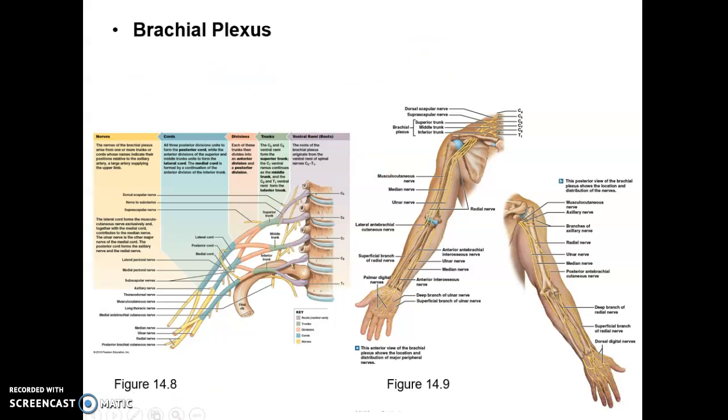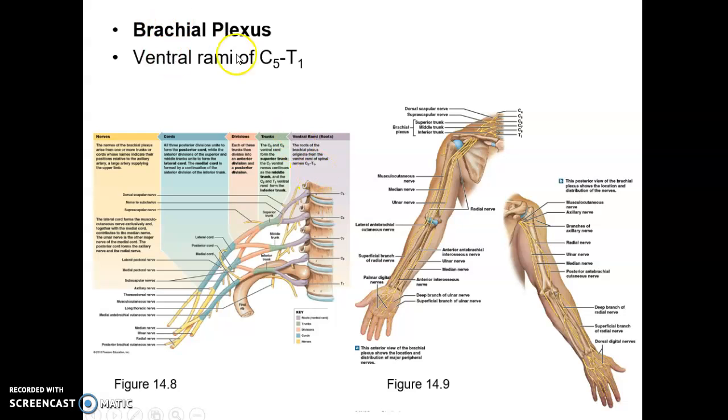Brachial plexus going into the arm, formed by the ventral rami of C5 to T1, those spinal nerves. And notice this does get pretty complicated from the ventral rami, trunks, divisions, cords, nerves. You do not need to know these at all.